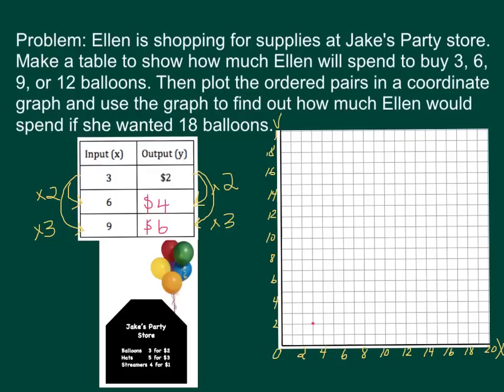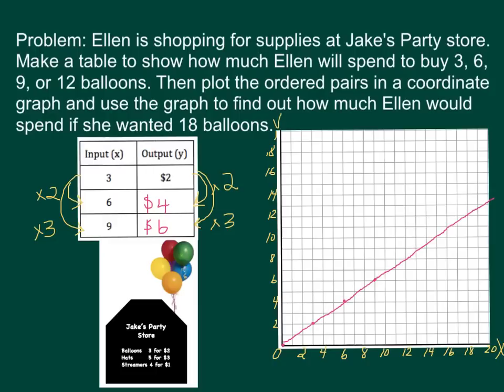So I will go ahead and put a point there. My next one is 6 on the x and 4 on the y. Place a point there. And then my last one is 9 on the x and 6 on the y. Now I'm going to connect those dots starting at 0 to create the linear graph, which means it is a straight line.